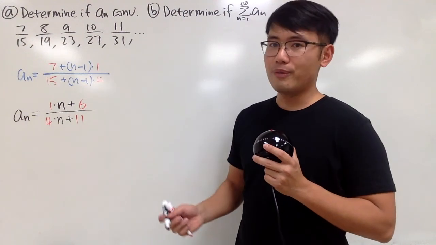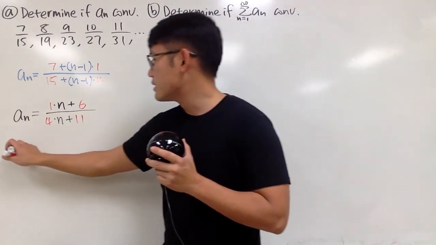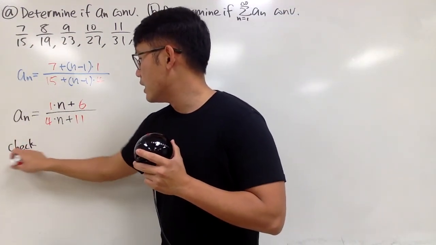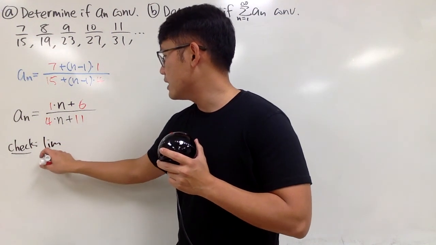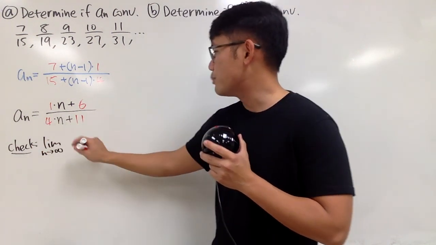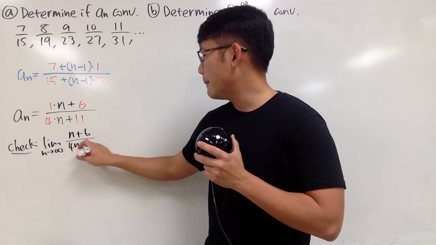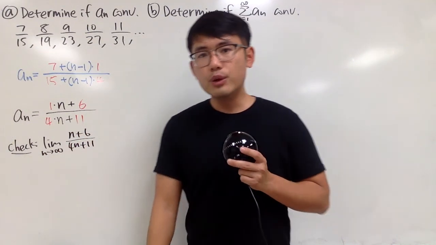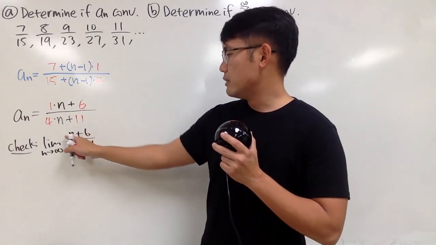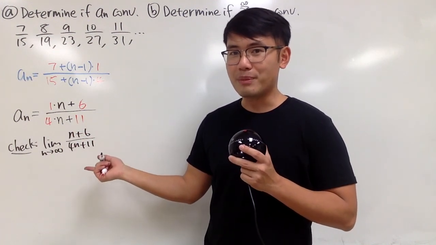Does this converge though? Well, we have to check the limit as n goes to infinity of this expression, namely (n plus 6) over (4n plus 11). And notice that on the top we have a linear situation, likewise for the bottom.